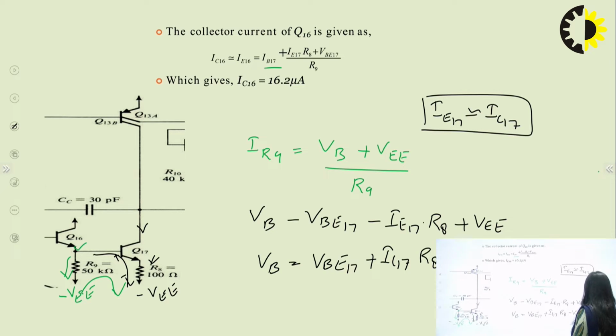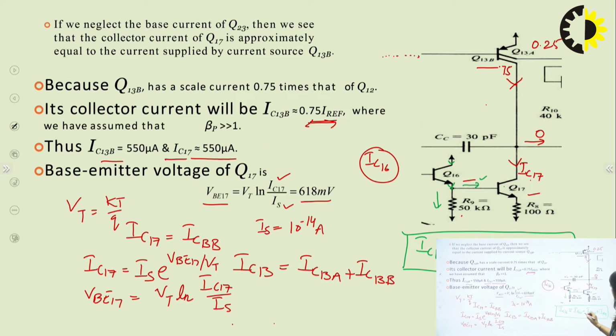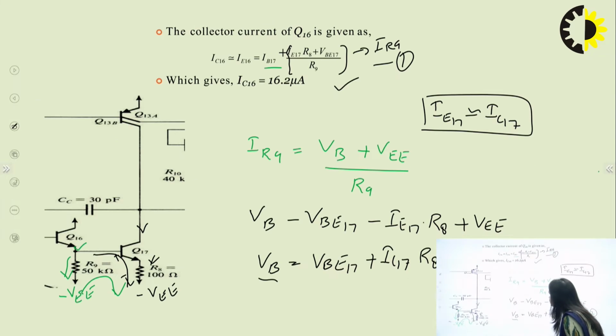Let's say this is equation 1 and this is equation 2. Just putting the value of VB in this term, which is nothing but IR9, we will get this expression. Like you can see in the previous slide, I have written that IE is equal to IB17 plus IR9. In the place of IR9, I can write this expression, VB plus VEE by R9.